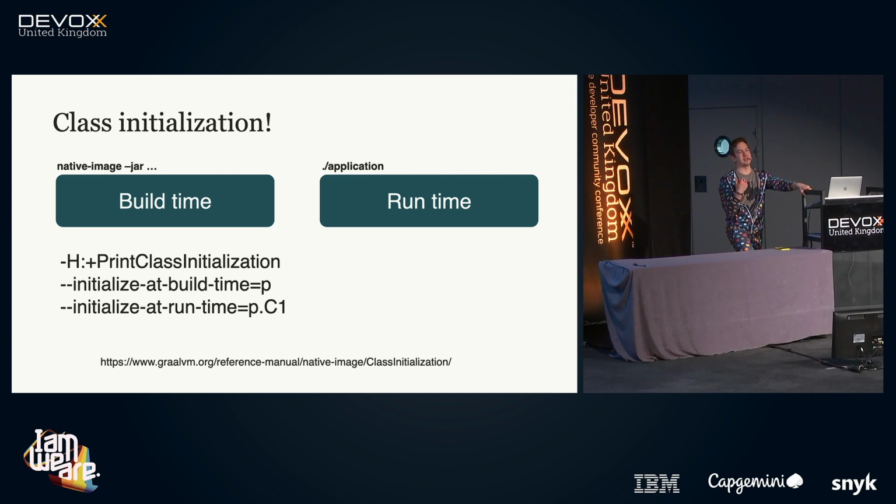And another thing to know is most application frameworks that work with native image want to optimize themselves for better performance, for better startup, memory usage, and so on. So they want to initialize as much as possible at build time.